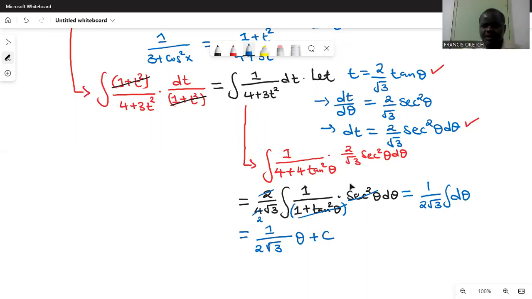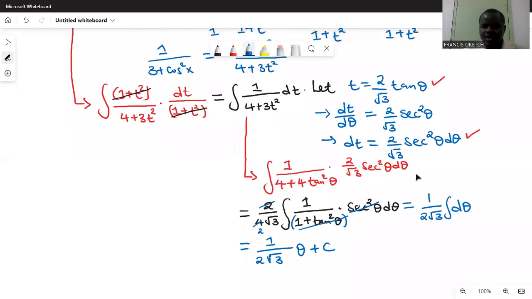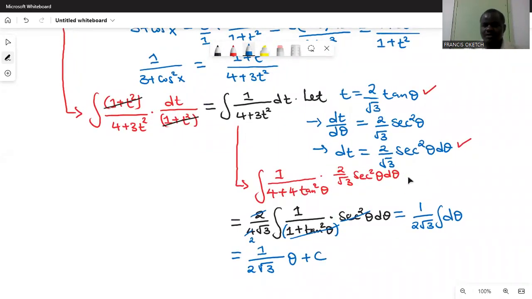But you have to replace theta. So check where we have defined theta and make it the subject. You see, our theta was defined here. Let me bracket it so that we all see. This is where we defined our theta. So let's make theta the subject. From here, of course, I'll multiply by root 3 over 2.